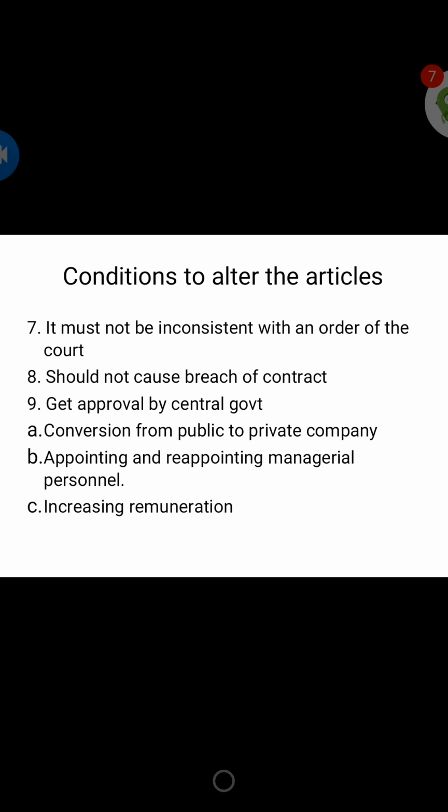Directors retiring by rotation I am going to teach you in the next chapter. The next is any alteration resulting in an increase in the remuneration of directors or managing directors. In such cases, what you have to do? You have to take the permission from the central government.